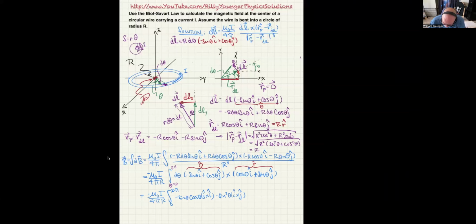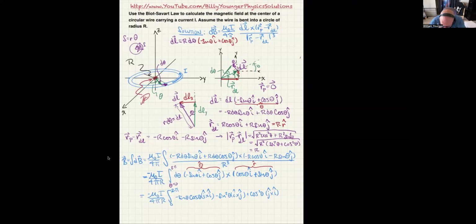And that's what we get for the outers. And now the inners, that'd be cosine theta times cosine theta. So I'm going to say plus cosine squared theta. Now this one's j hat cross i hat.